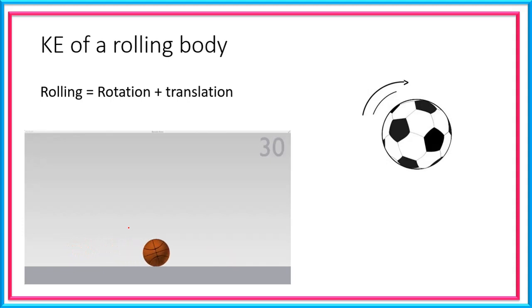Now, what will be the kinetic energy of a rolling body? A rolling motion is a combination of a rotation as well as translation. Now consider this particular ball. This ball is having a linear velocity in this direction v, and also it is rotating with an angular velocity omega.